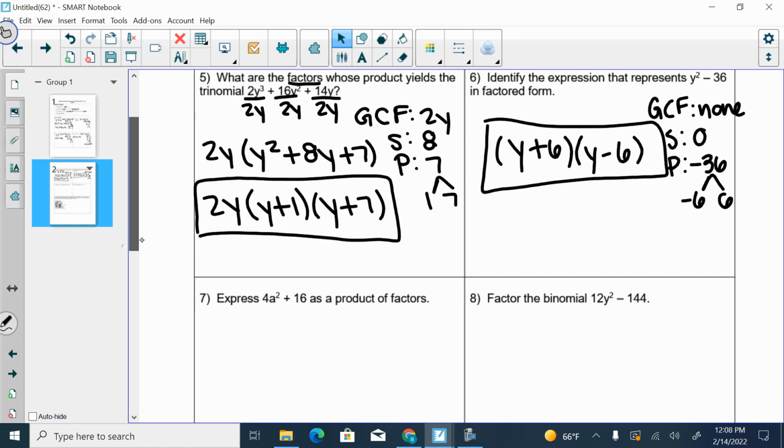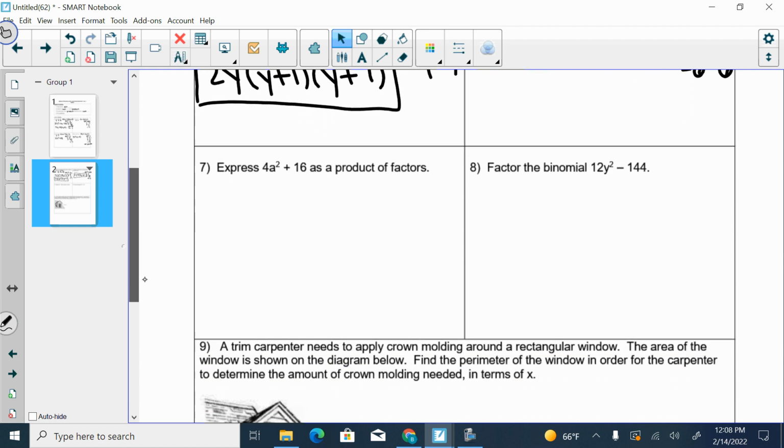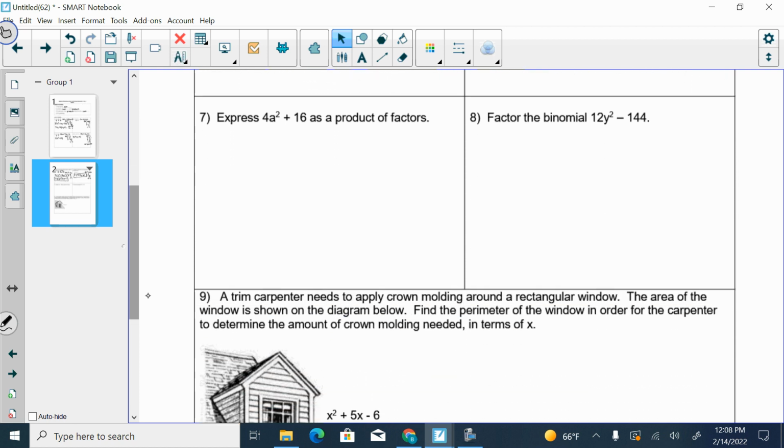Okay, let's look at number 7. It says to express 4a squared plus 16 as a product of factors. So again, still just factoring. Is there a GCF on this one? Good. So GCF is 4. If I divide those terms by 4, what are we going to be left with? a squared.